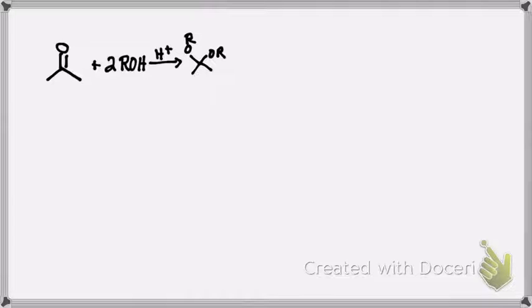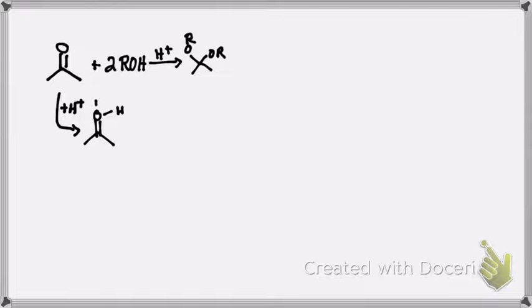It actually happens in essentially two different mechanisms. I'll draw the first one, and then we'll talk about how the second one works, and then I'll draw that. The first one is a lot like adding water. You have to protonate, right? So I'm going to do the lazy thing: plus H plus, just to get myself on a clean line, to get to here.